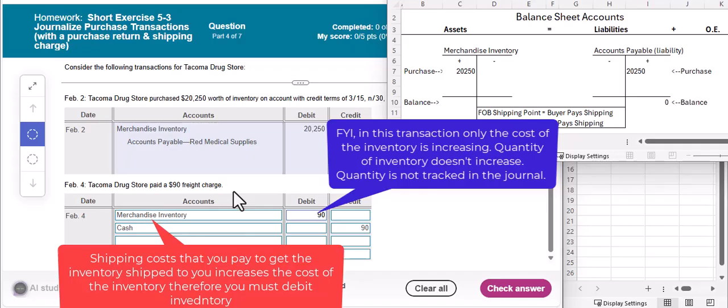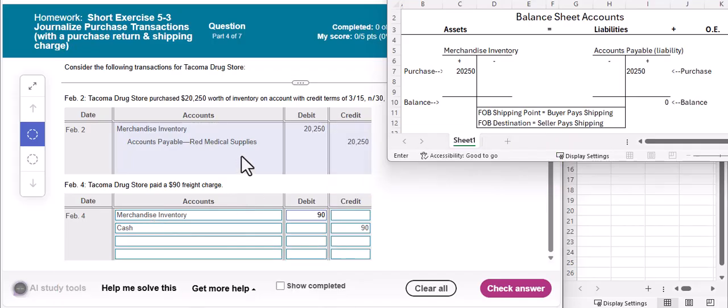The $100 in shipping is just part of the cost of getting the inventory to you and getting it ready to be sold. So it's part of the cost of inventory. And then since I later have to keep track of this balance for inventory, we will increase this also by $90 here for the shipping for the merchandise inventory with a debit on the left side.